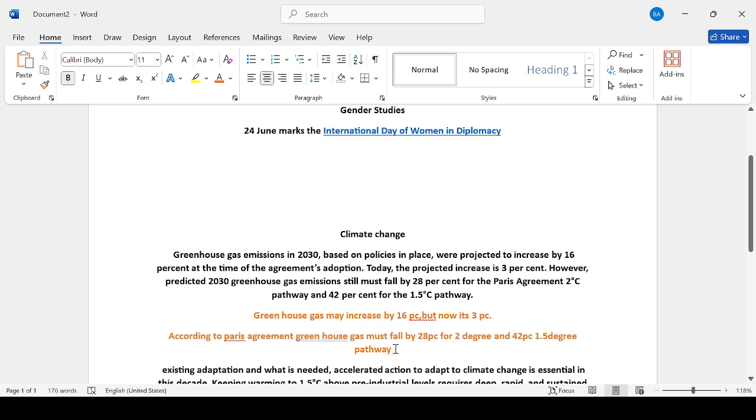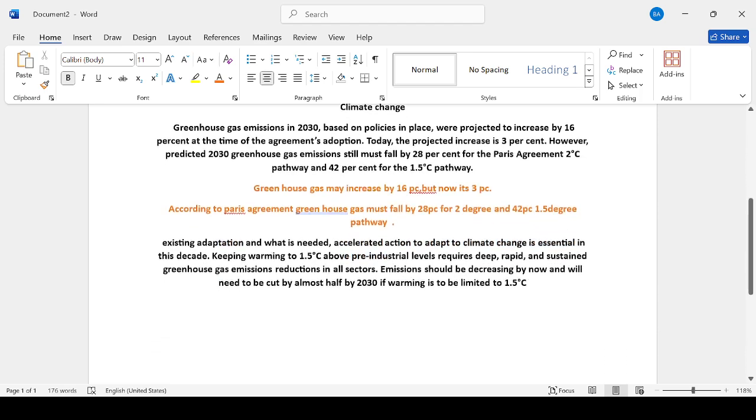So these are the pathways they are talking about.